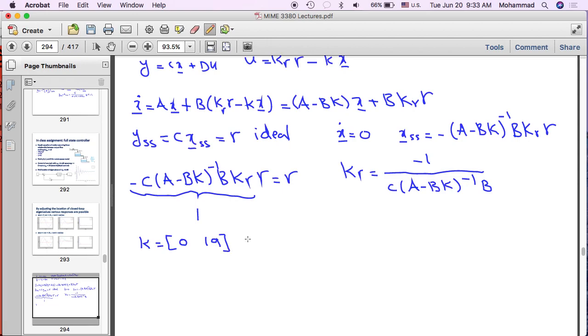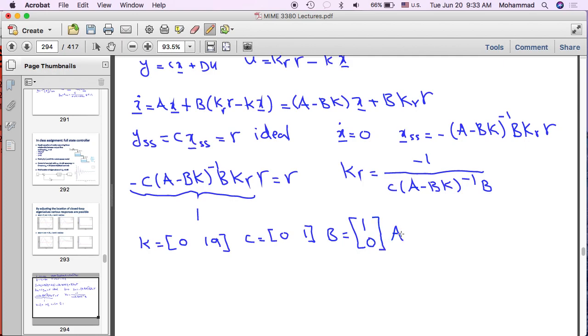So what else? C of open loop is 0 and 1. We are saying H2 is the output. B of open loop is 1 and 0. We are saying the input enters the first tank.